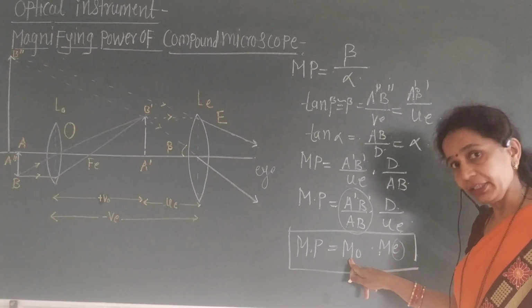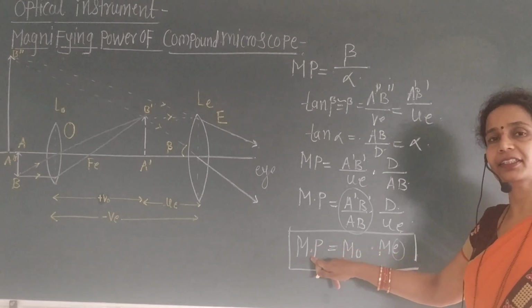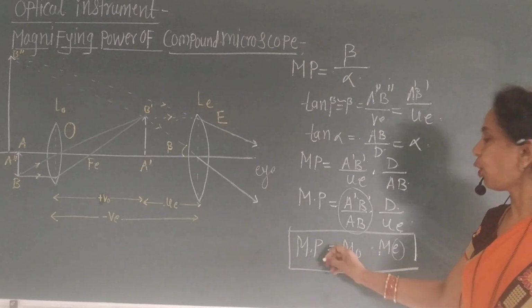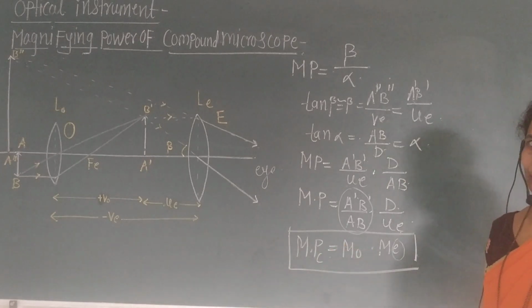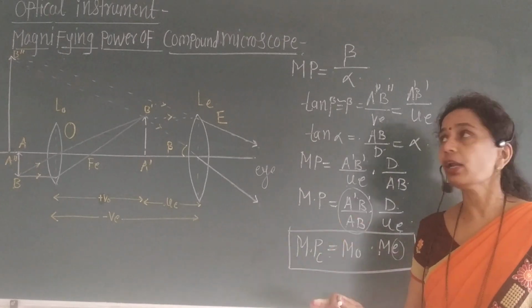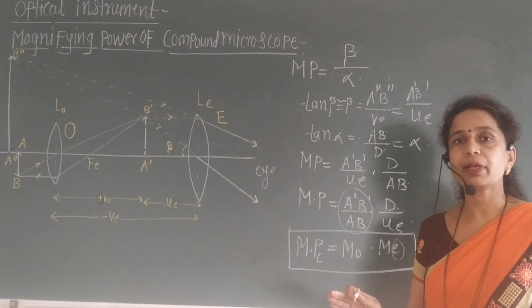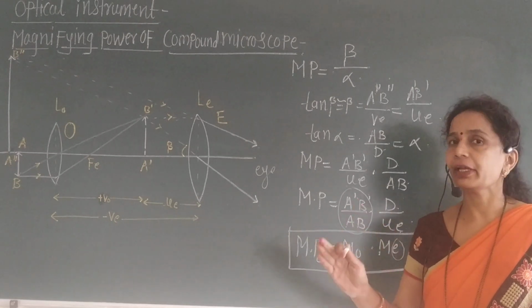This is the linear magnification and this is the magnifying power of the compound microscope. This is all about the optical instrument and its magnifying power.